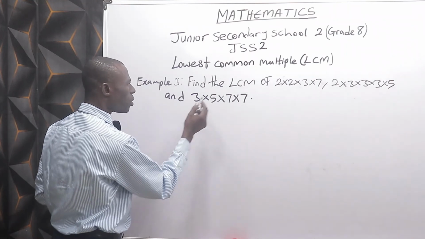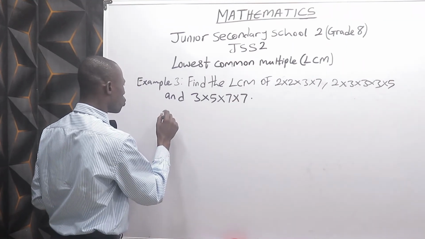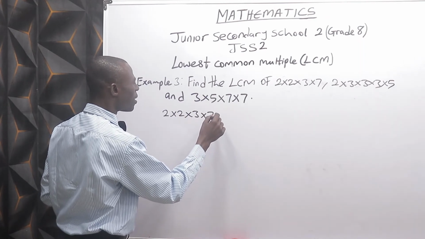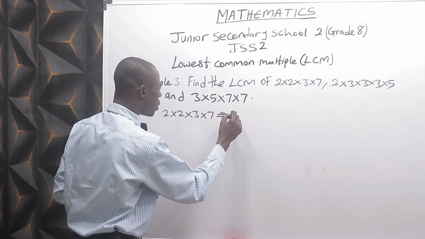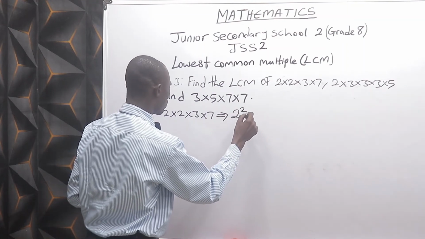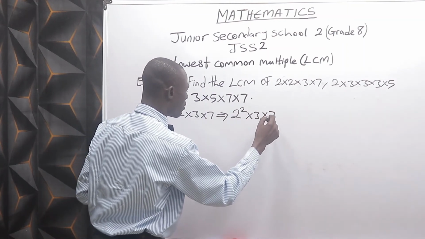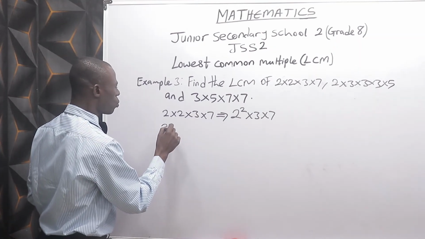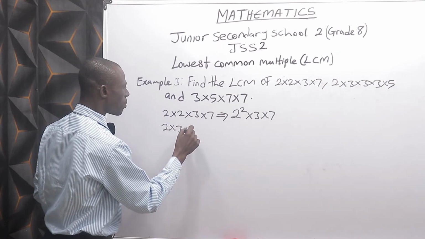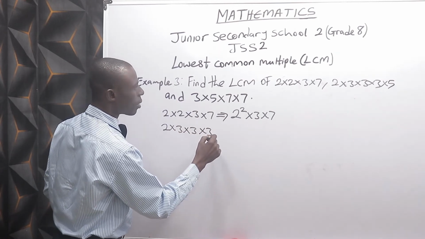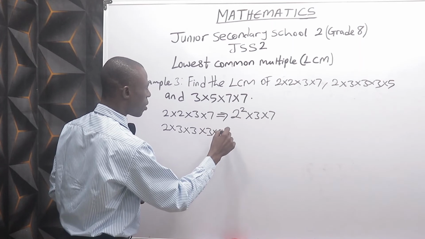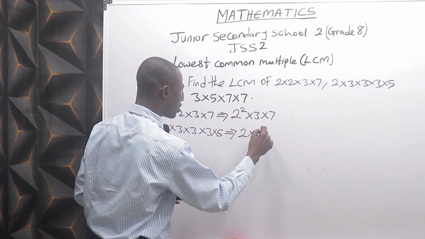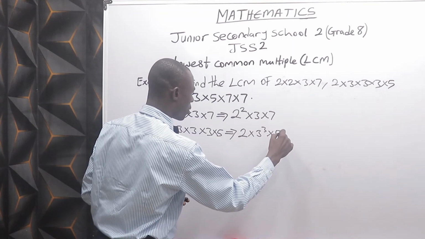One thing is needful here. What is that? You write each of them in index form. The 2 times 2 times 3 times 7, rewrite it as 2 raised to power 2 times 3 times 7. The next one, which is 2 times 3 times 3 times 3 times 5, rewrite it as 2 times 3 raised to power 3 times 5.